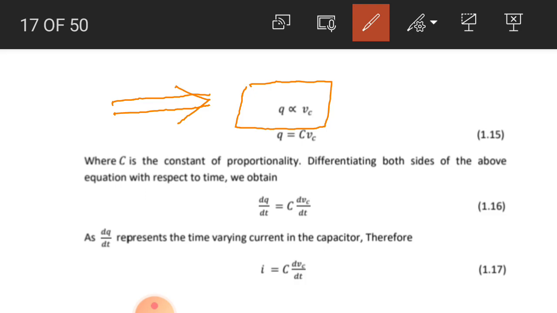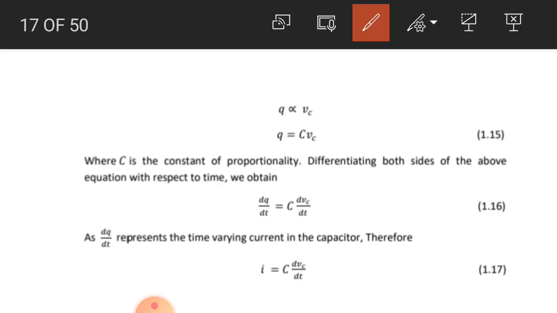So the charge on the plates of this capacitor, of this passive circuit element, is directly proportional to the voltage across the capacitor. By decreasing the voltage across the capacitor, the charge on the plates will decrease linearly.